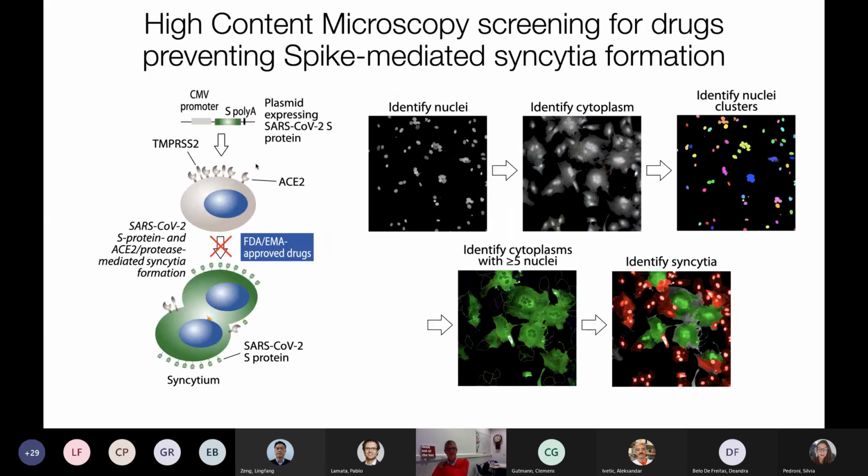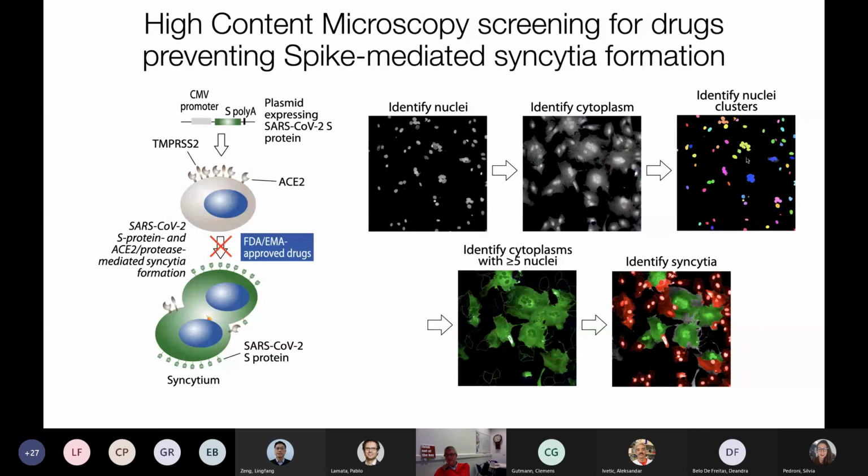The other screening that we did with the same purpose was to directly transfect the spike protein inside the cells, and then simply see if there are drugs that block the fusion. Here, the first step in the software was to identify the nuclei and the cytoplasm of the cell.